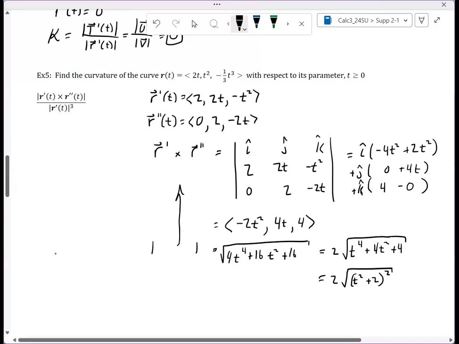The firsts give me t squared squared, which is t to the fourth. My lasts give me 2 squared, which is 4, and my cross terms give me 2 times 2 times t squared. So that all checks out. And this just gives me 2 times t squared plus 2 once the square root gets rid of that squared. Okay, so that all is my numerator.